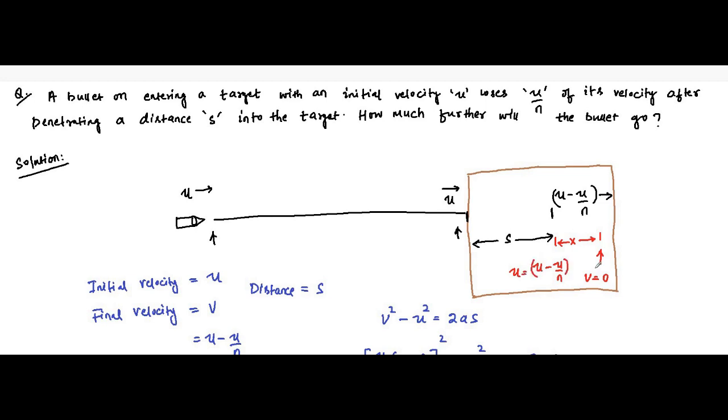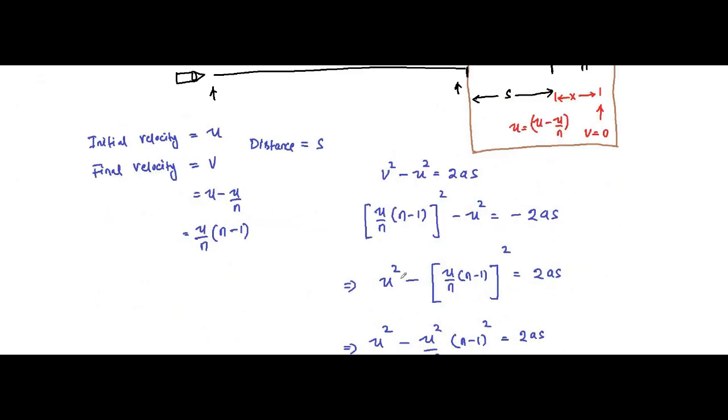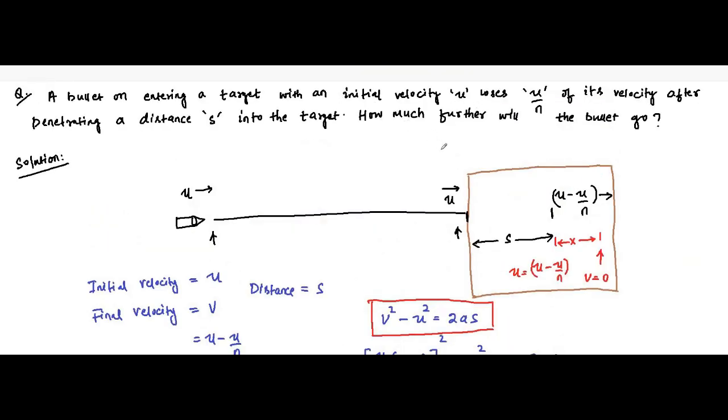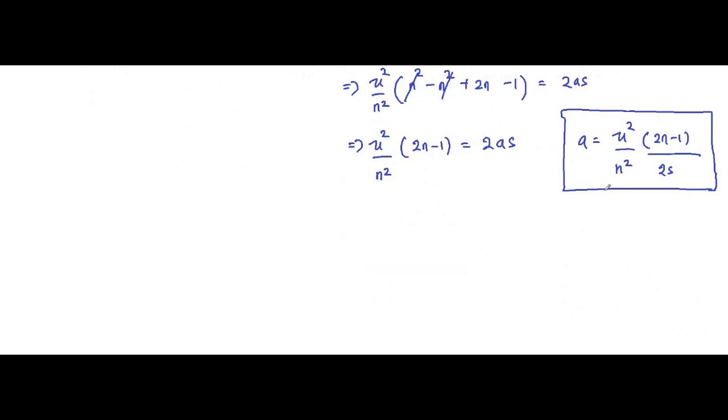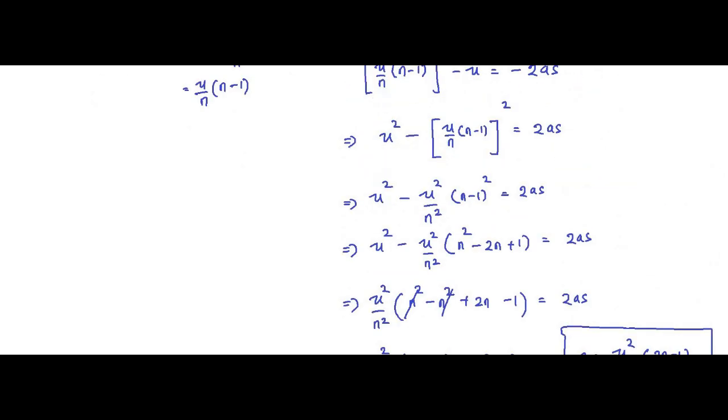Okay, so again we'll be applying the same equation, v square minus u square is equal to 2as. Here we have the value of a with us because it has been given, the same deceleration or negative acceleration. How much further will it go? So we'll be applying the same equation here, v square minus u square is equal to 2as.